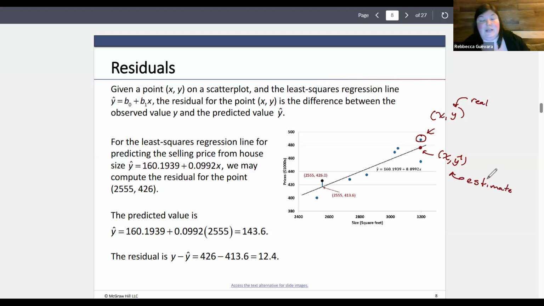So the x values are the same value, it's just those y's change. So what we're interested in is this distance here, the distance that we see between those points. That distance is going to be your y minus your ŷ. And we're going to call that the residual. Or like I said, sometimes it's called the error.